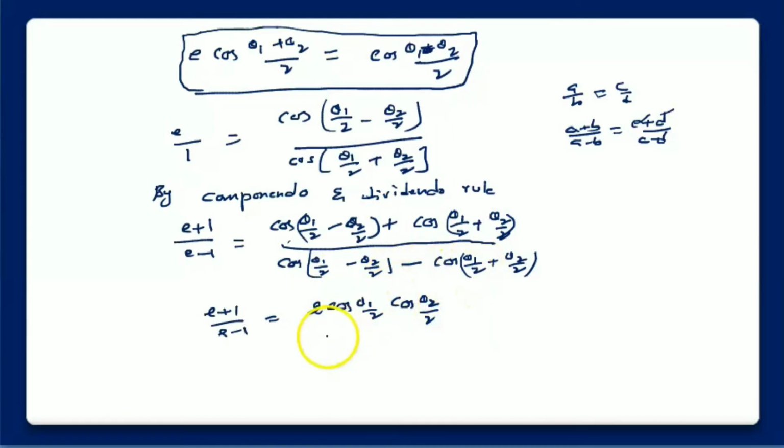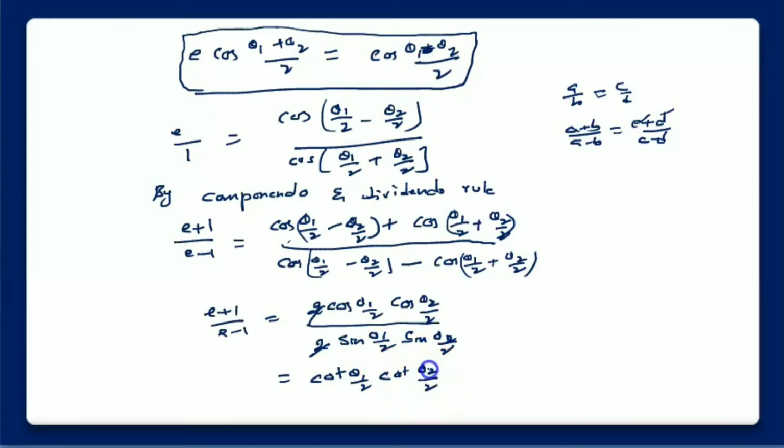Cos (a minus b) minus cos (a plus b) is 2 sin a sin b according to trigonometry. So at last we can conclude that the 2 gets cancelled, and the resultant value is cot of theta 1/2 into cot of theta 2/2.